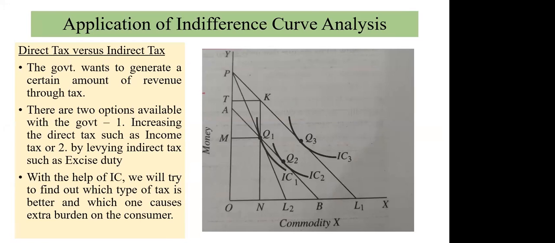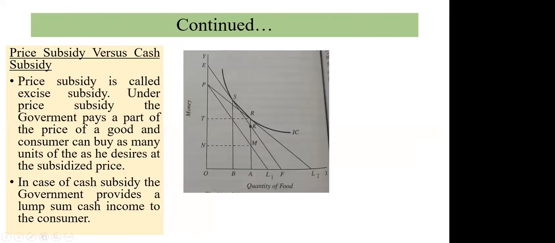The next application of indifference curve is price subsidy versus cash subsidy. So what is price subsidy? Price subsidy is also called excise subsidy, and in this case the government pays a part of the price of the good, so the price of the good is reduced and the consumer can buy any unit which he likes at the subsidized price.